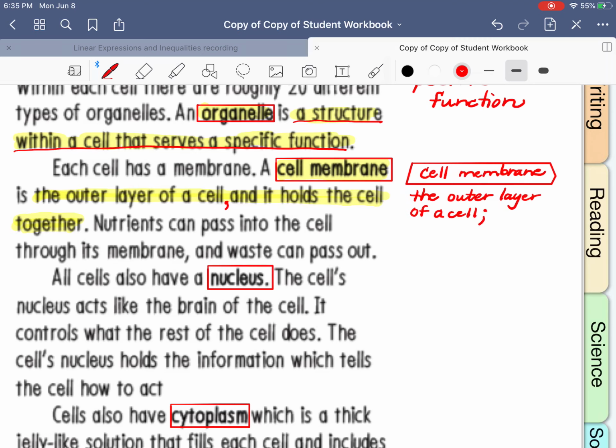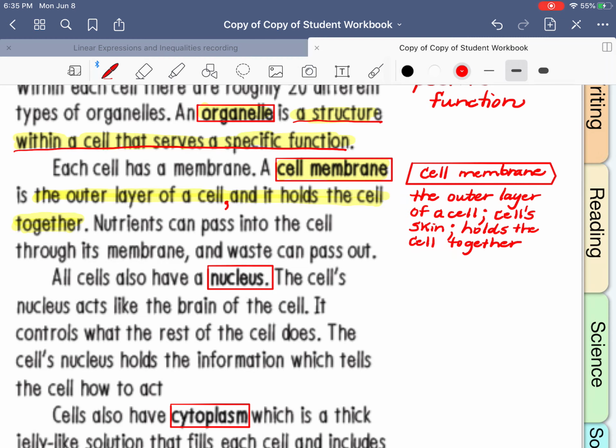Think of it as the cell's skin. It holds the cell together, keeps it from falling apart, holds everything in, just like the skin on your body holds everything in.